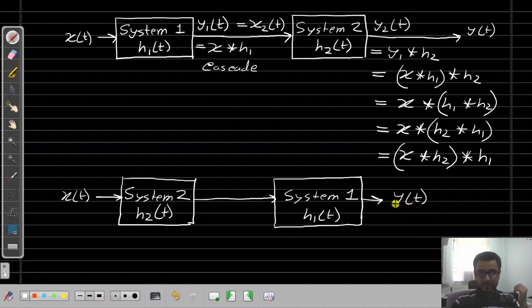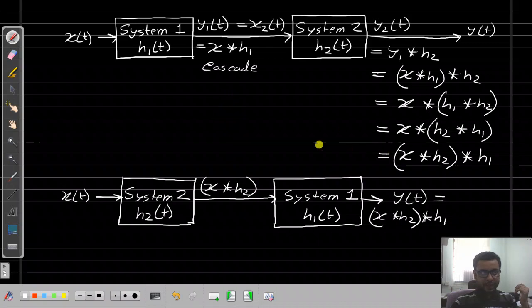Then this output will be same as this output, because in this case you can calculate here the output will be x star h2, and then take this x star h2, convolve this with h1, that is the final output, which is same as this.